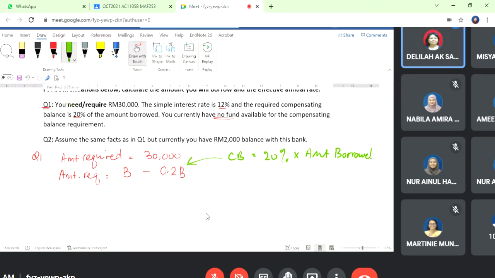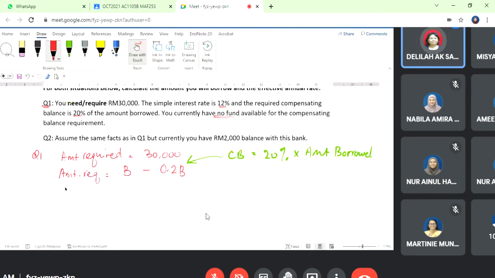So in this formula, the amount required is 30,000, equal to B minus 0.2B, which is 1 minus 0.2, equal to 0.8B. B represents the amount borrowed.